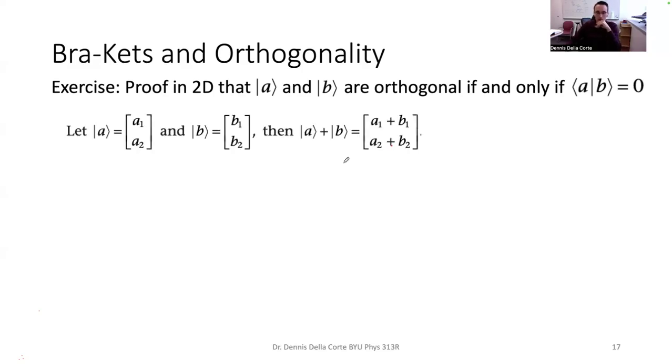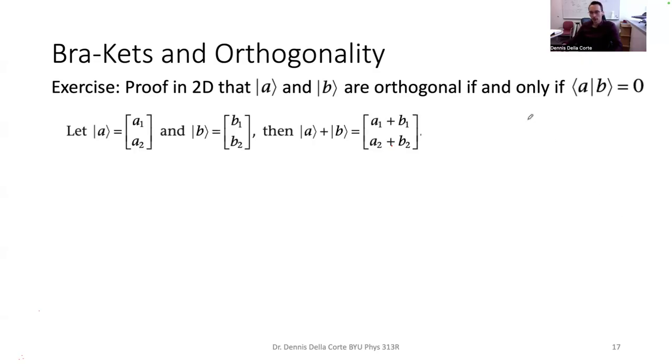Well, let's grab two-dimensional vectors, a ket with A1, A2, and another ket with B1, B2, and then let's calculate the sum of both. A plus B is this. So what do we have?